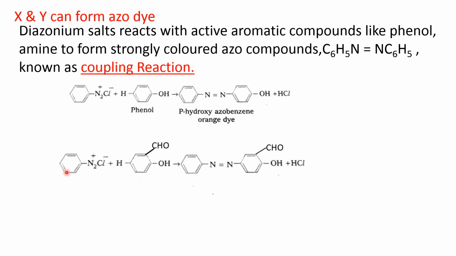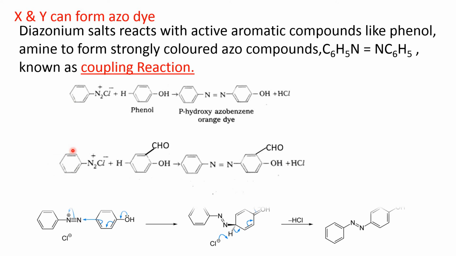Similarly, with salicylaldehyde also, this coupling reaction can take place with this benzene diazonium salt. Now, this coupling reaction is nothing but an electrophilic substitution reaction. You see, this is the phenol. This lone pair of electrons shifted here, resonance occurs, then this pi bond shifted here, and through this pi bond it attacks this diazonium cation.